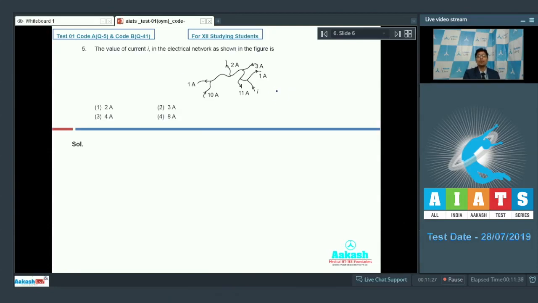Dear students, we know from the concepts of Kirchhoff's current law that in any electrical network, net incoming current should be equal to net exiting current.